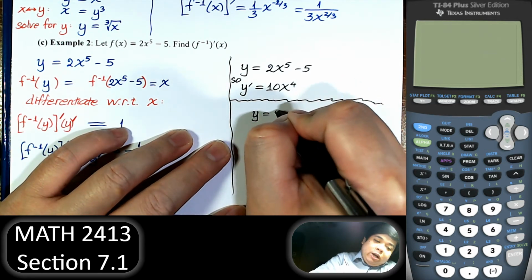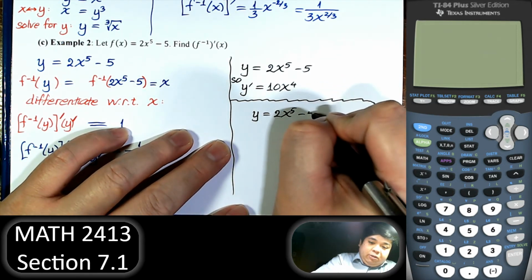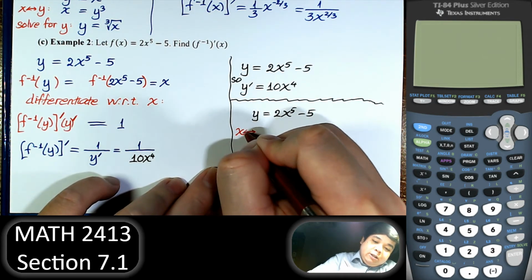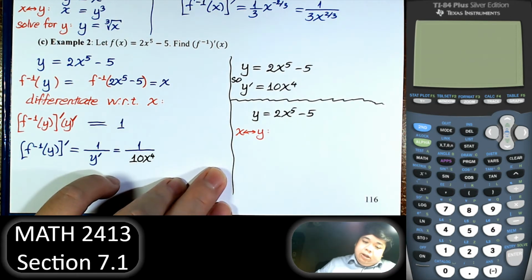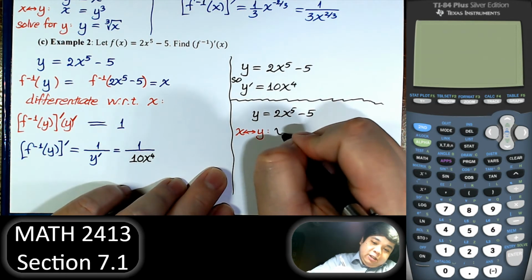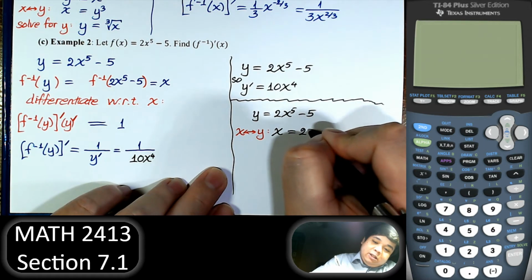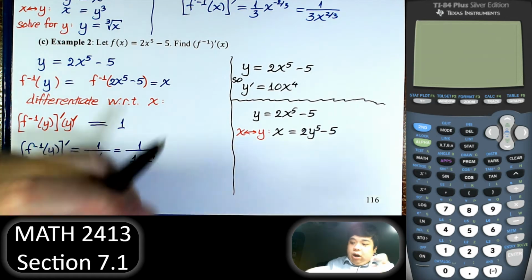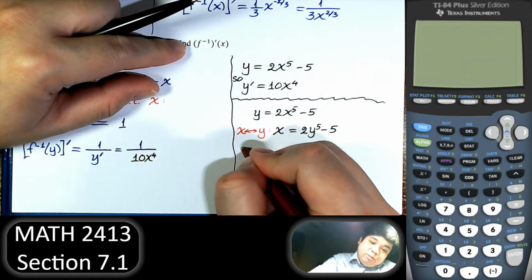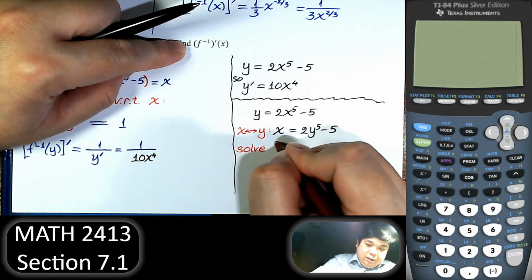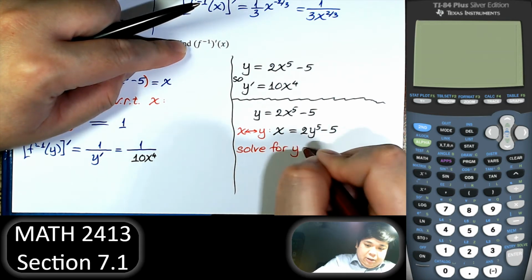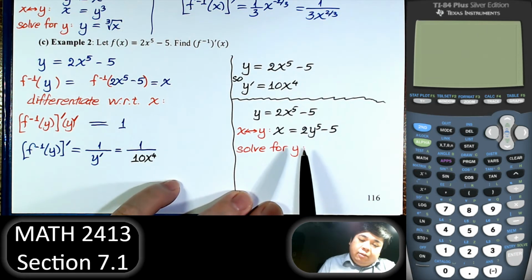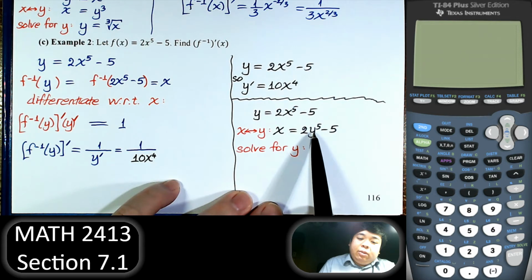y equal to 2x to the 5th minus 5. First step is interchange x and y. So x becomes y and y becomes x. Now we can solve for y from here and then substitute back. So solve for y.